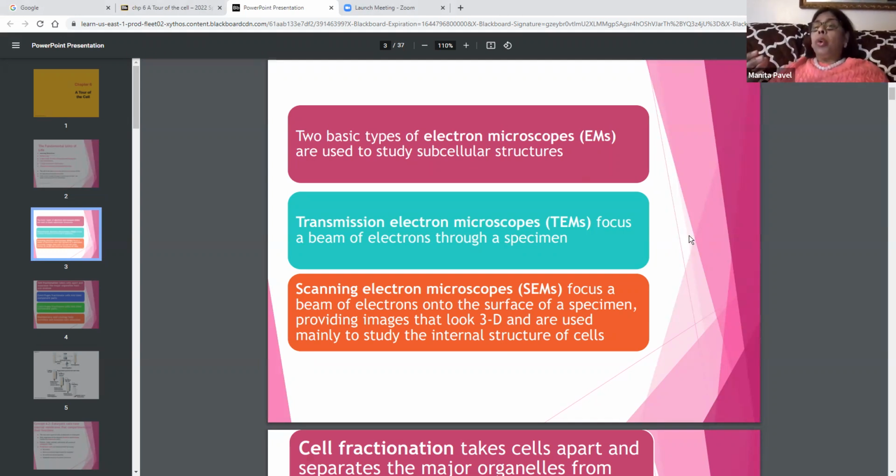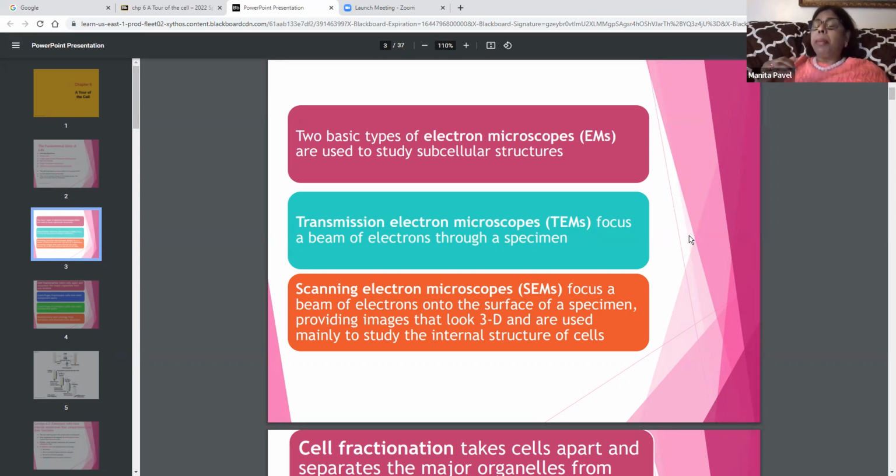Both these microscopes are going to use beams of electrons to view the image of the specimen so that we are able to see every detailed structure or the surface of that specimen or organism.